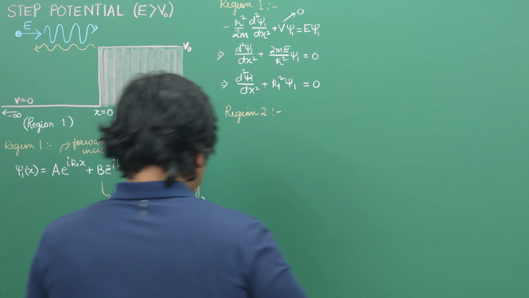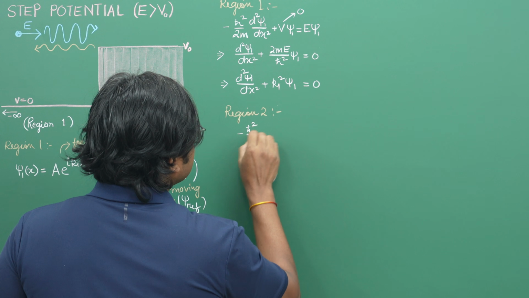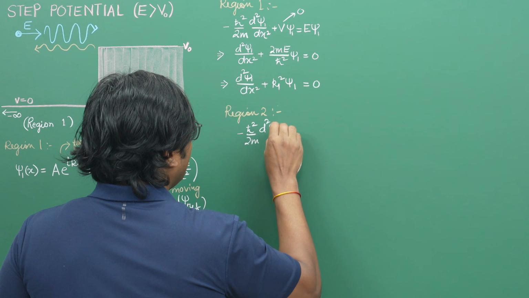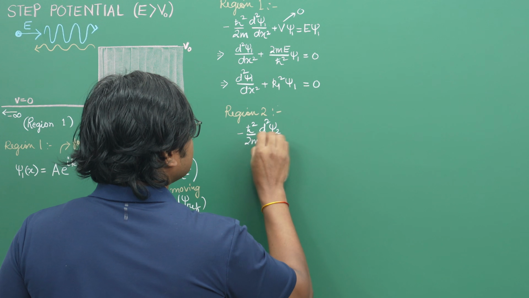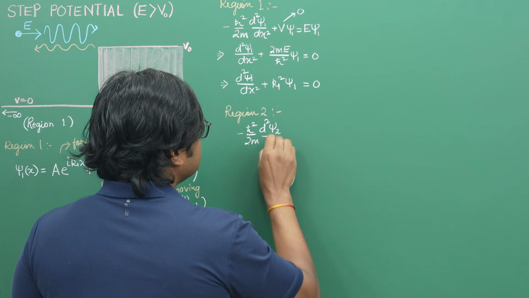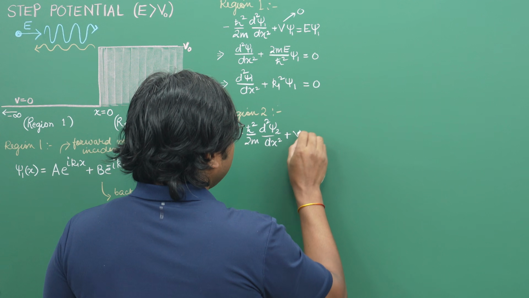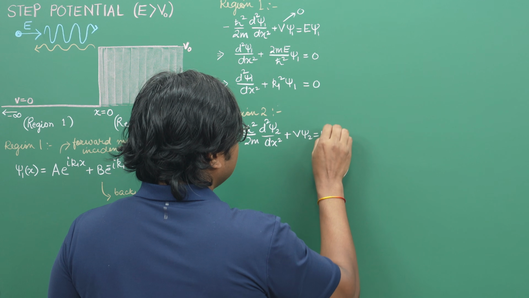we will get again the time independent Schrodinger equation, minus h cross square upon 2m d2 psi, let me call it psi 2. Psi 2 essentially is the solution of the Schrodinger equation in region number 2. So this becomes d2 psi 2 upon dx2 plus V psi 2 is equal to E psi 2.